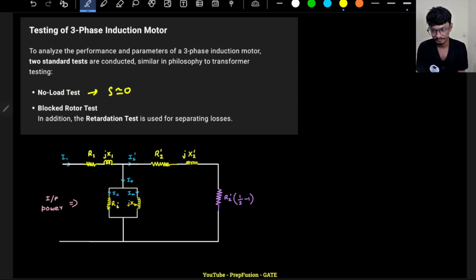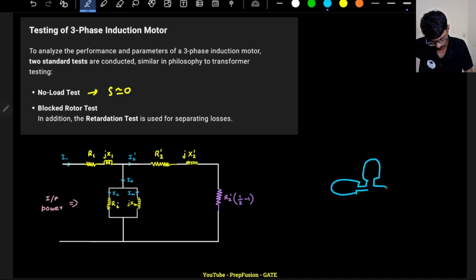If you have noticed, whenever you have a motor or a fan, if it's a new fan with the same regulator point, let's say regulator point 2, the fan rotates quite fast.